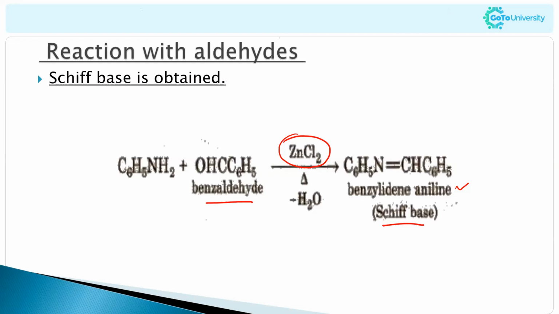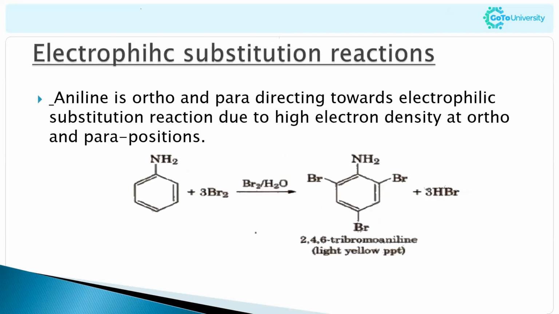Then the next one, that is the electrophilic substitution reactions in amines. If you take aniline, the aromatic aniline, it is ortho and para directing towards the electrophilic substitution reaction due to high electron density at the ortho and para positions.